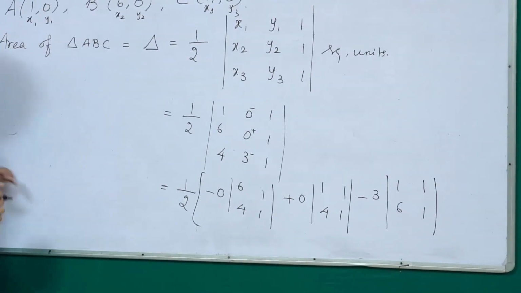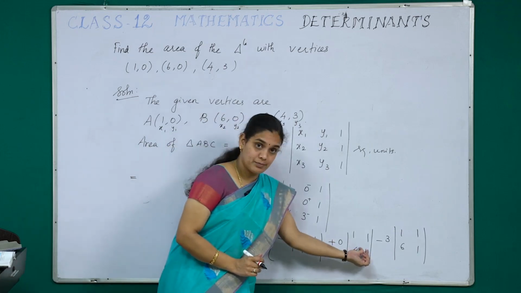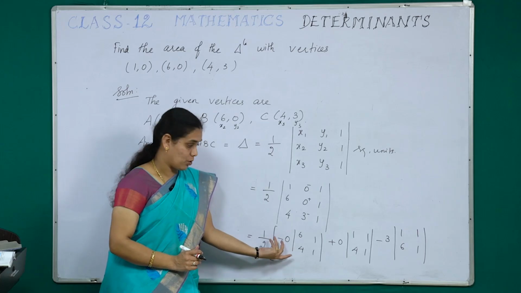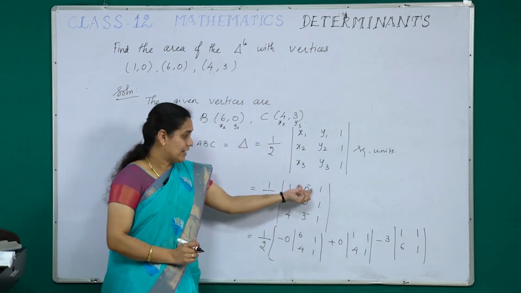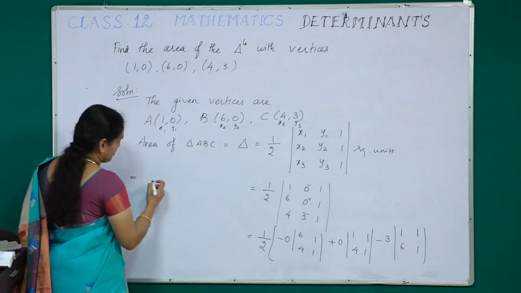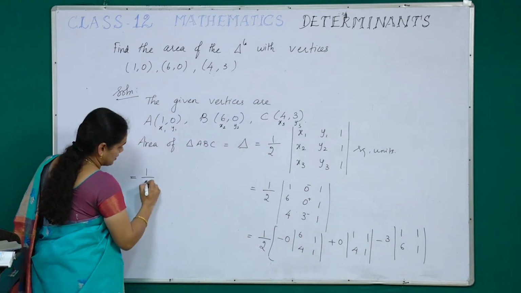Here this is 0 into this determinant, this is 0 into determinant. Whatever we get, when we multiply with 0, it becomes 0. That's why I told you to expand along the row or column which has the maximum number of zeros. So we can avoid these two and directly go for the third one. That is half into.